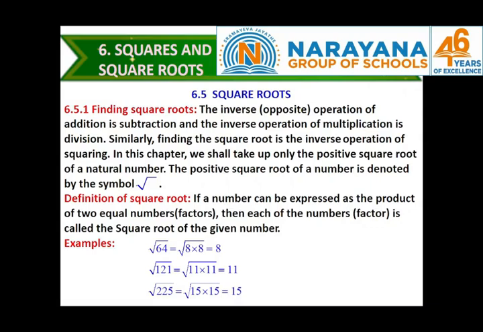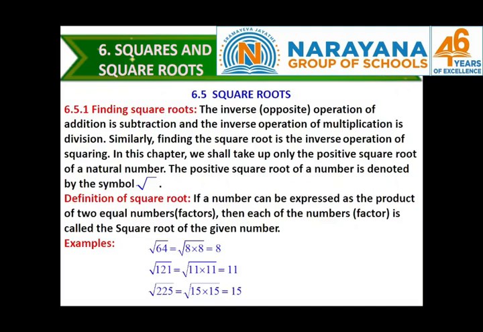The definition of a square root is: if a number can be expressed as the product of two equal numbers, which are nothing but the factors, then each number is called the square root of the given number. So 64 I can express as a product of two equal factors, 8 into 8. So 8 is a square root of 64.